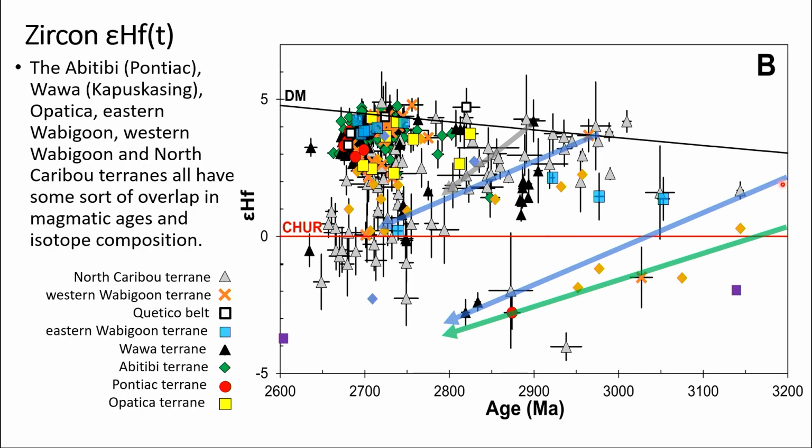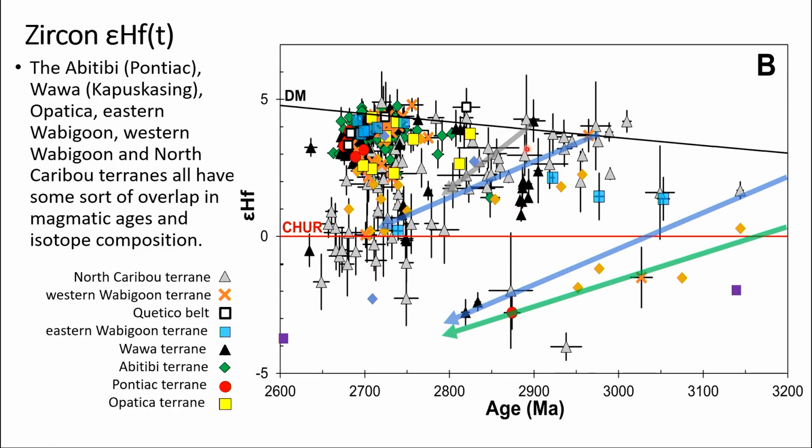And if we follow these evolution lines down here, we see there's North Caribou terrane, Pontiac, Wawa, West Wabigoon, and they're all sort of plodding along this evolution trend, indicating that there's older Paleoarchean, late Paleoarchean crust preserved or at least being assimilated in these terranes.